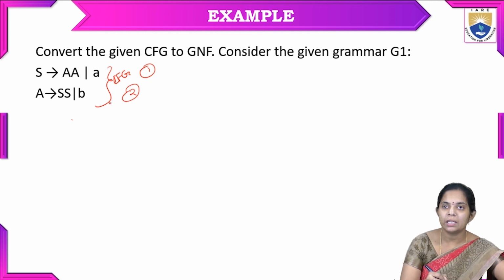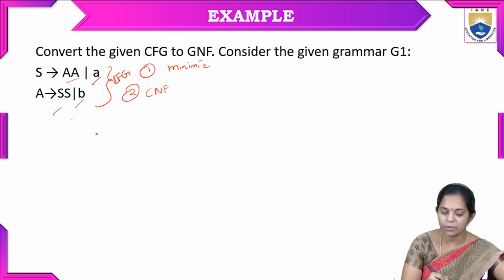So what are the conditions for the Chomsky normal form? The right hand side of the production rule has two non-terminals or only a terminal symbol. So these two conditions are satisfied in this grammar, so there is no requirement of the second step, that is the CNF step.